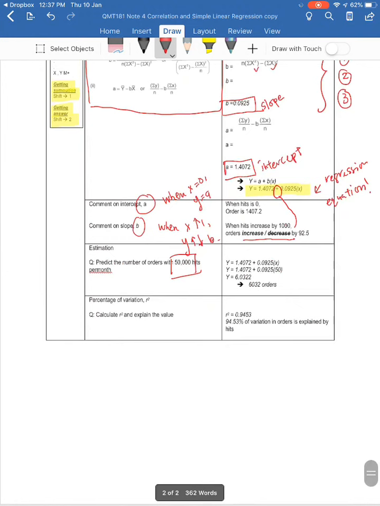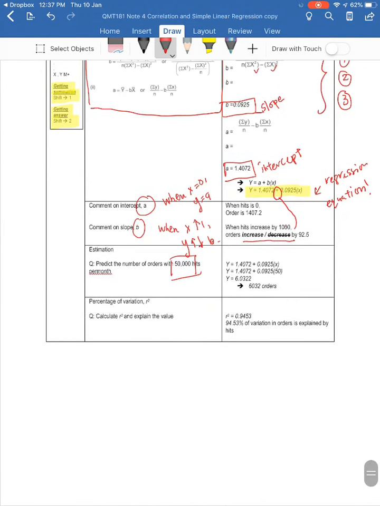So bila dapat soalan estimation, actually 50,000 ni bila kita masukkan kat dalam formula, kita kena letak dia 50. Ni common mistake sebab student akan terus masukkan 50,000 dalam ni. Ni salah. Okay, you kena masukkan 50 saja.